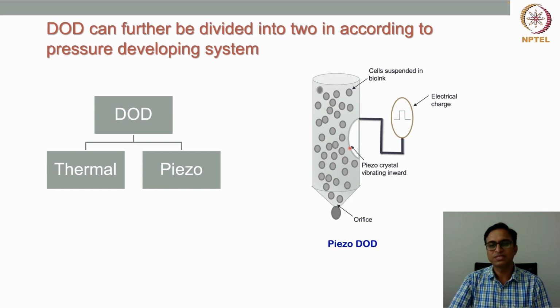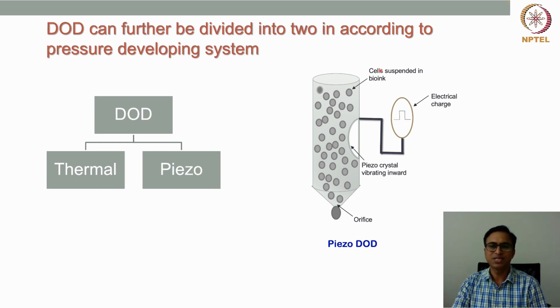Here the nozzle diameter can be anywhere between 18 to 30 micron, so the droplets generated in this case can be smaller than with the thermal DOD printer, right? And this can also be very well used for printing cells.